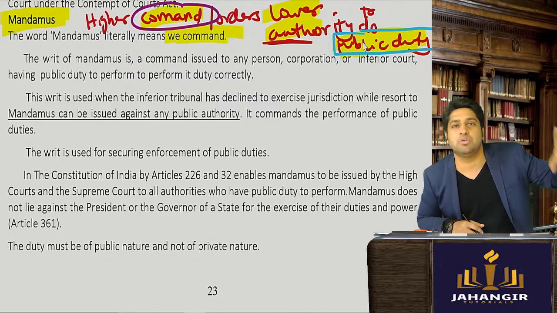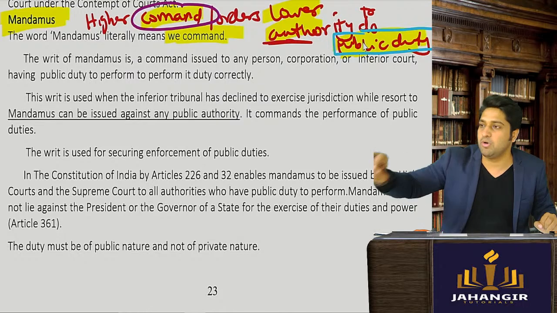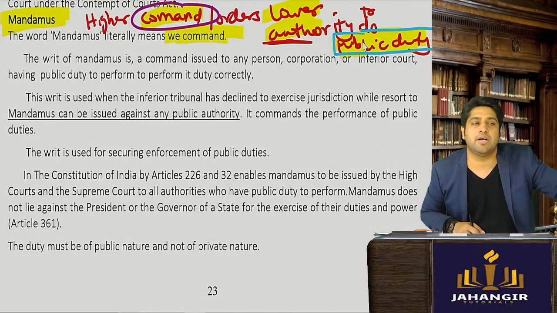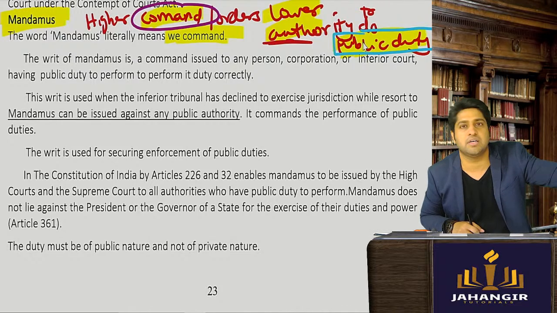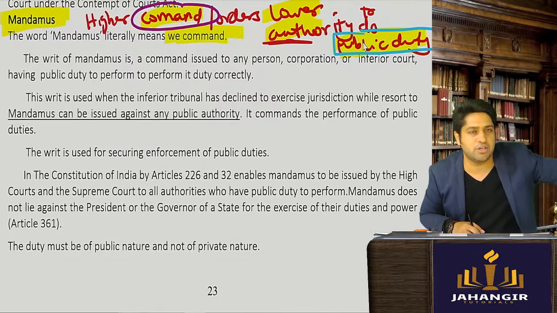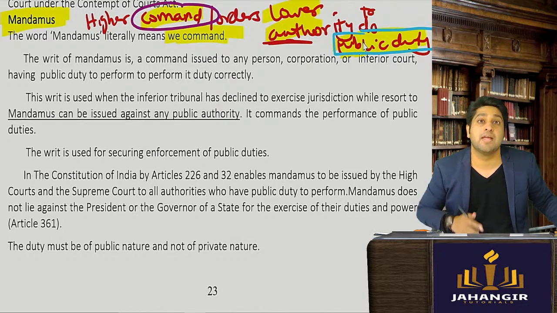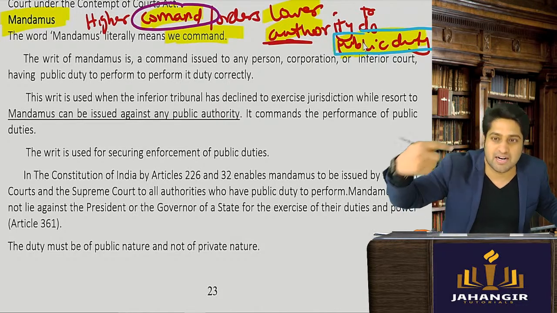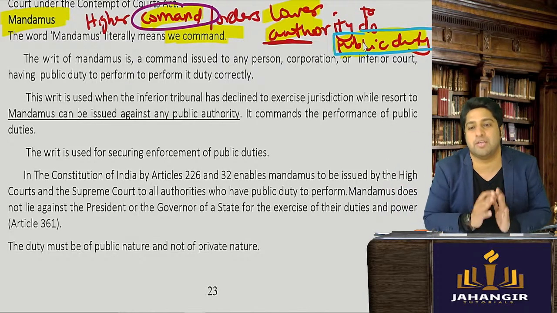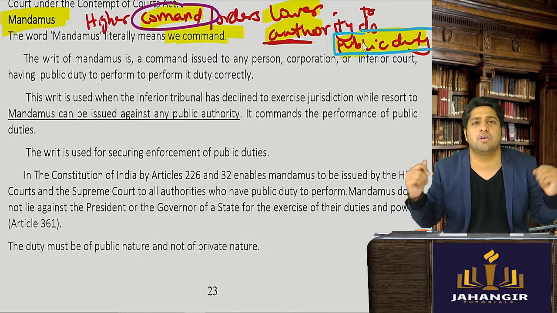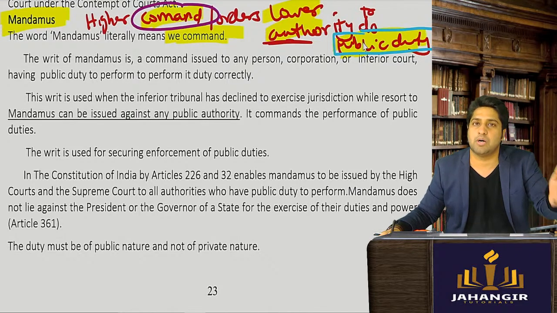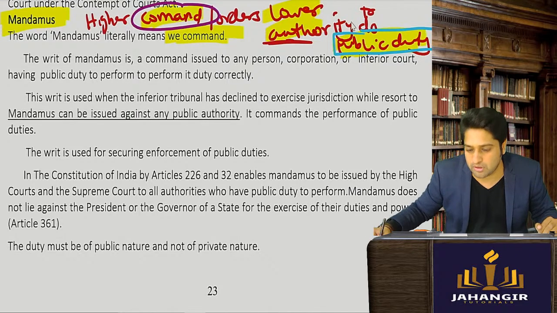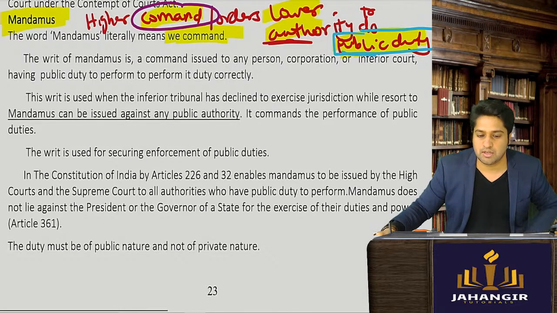For example, the municipal corporation, the police, any authority which is not doing the duty, the court will say, but you are a public servant, do the duty properly. This command cannot be given to a private body, because a private body is not answerable or responsible to the public. So only to government departments it will be given.